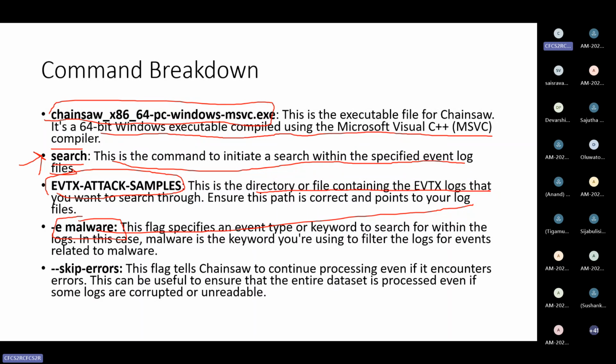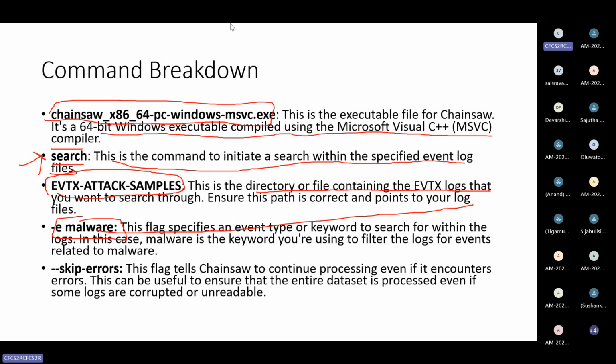And skip errors: this flag tells Chainsaw to continue processing even if it encounters errors. If you are not giving this, anytime an error occurs, Chainsaw will stop. With skip errors, it will continue, and it becomes a continuous process till the entire event files have been analyzed.